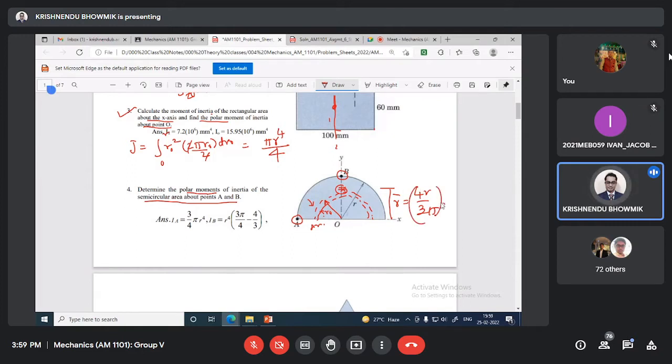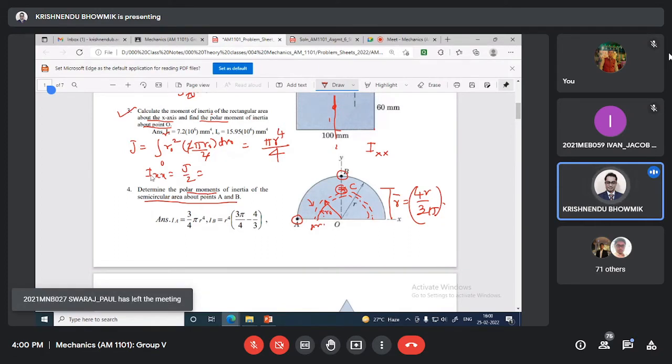Let's consider this point is C. That means Ixx, if J is this, then Ixx equals J by 2. Or in terms of J also we can move, no problem.